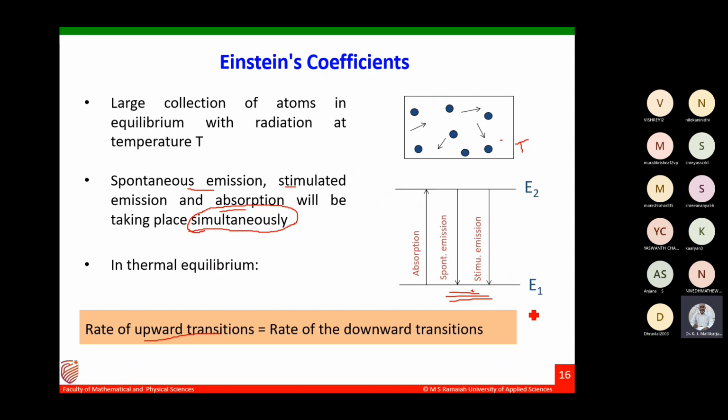How many atoms go up should be equivalent to how many atoms come down. All of you got this point?